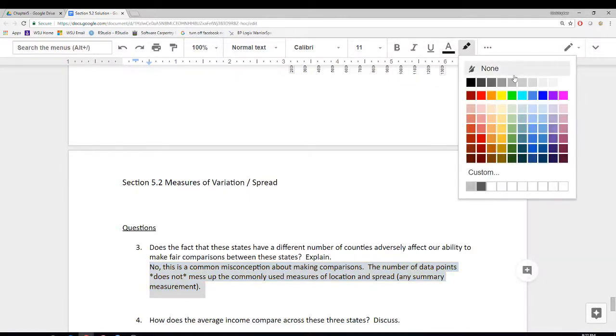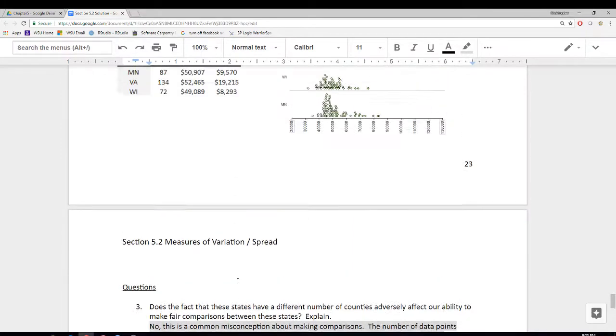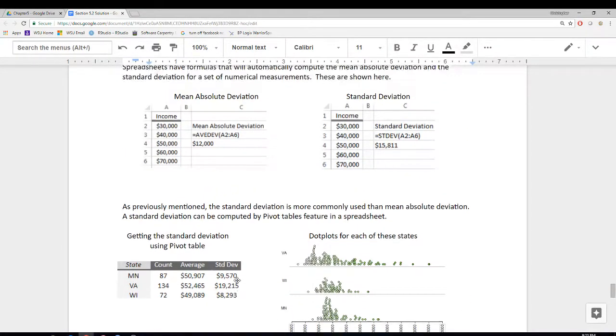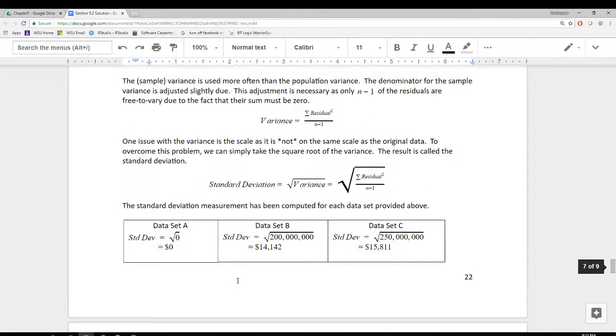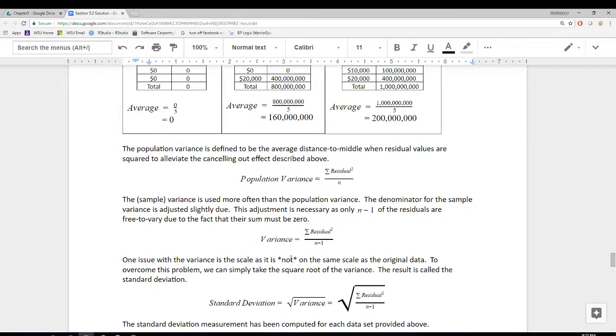Sometimes students believe that the number of observations need to be the same before I can make comparisons, and that's not true either. Some students believe that if I compute a standard deviation when I have lots and lots of data, then that's going to be really, really large. And that's not true either, because a standard deviation is an average. It's an average distance to the middle.